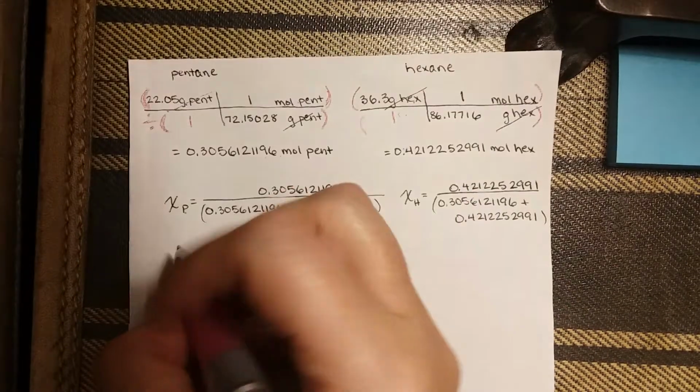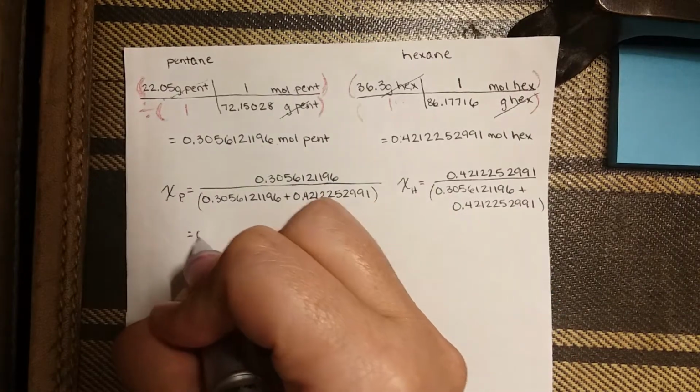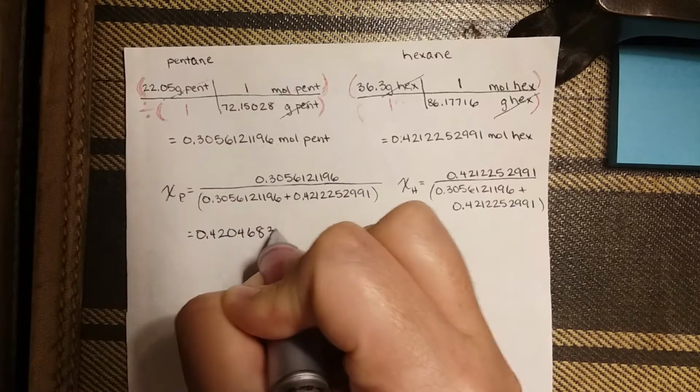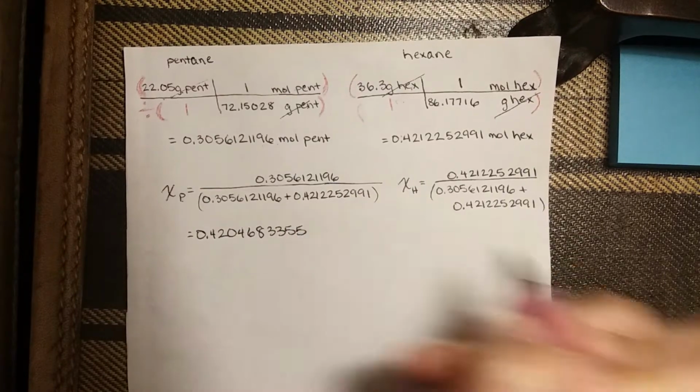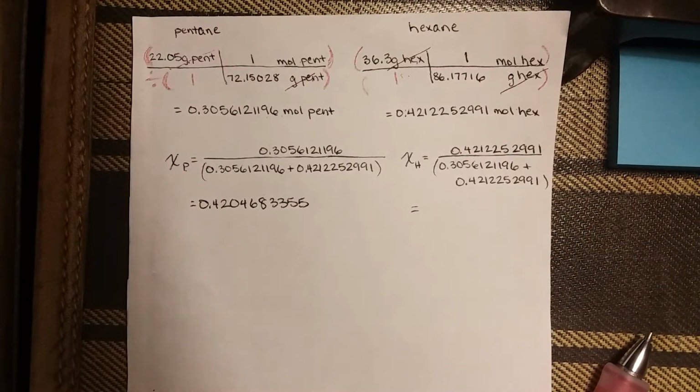I get a mole fraction for pentane of 0.420468335.